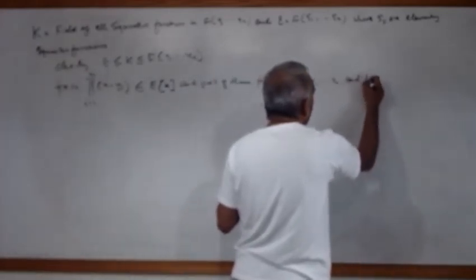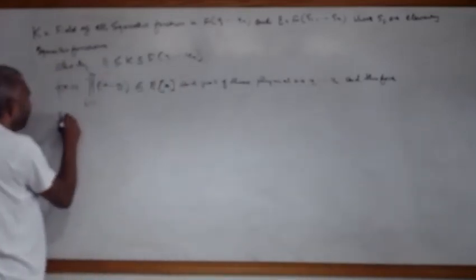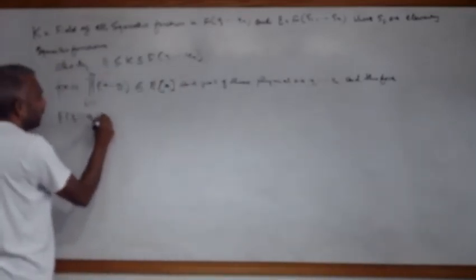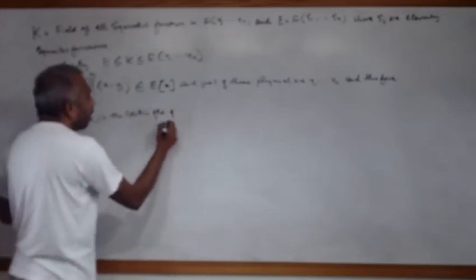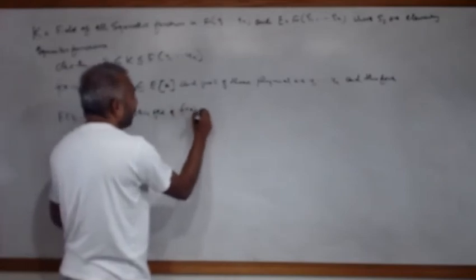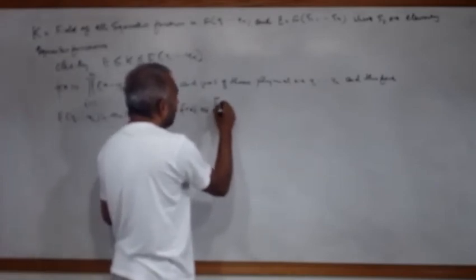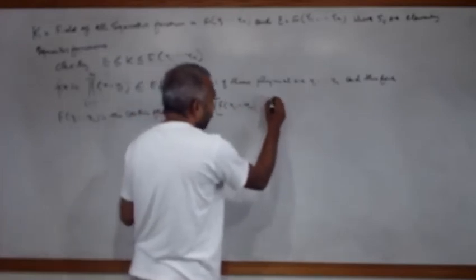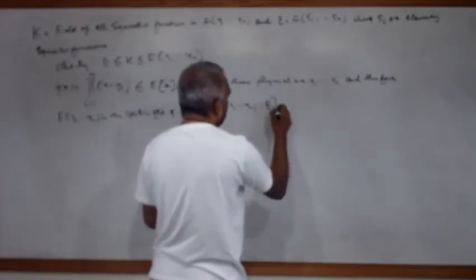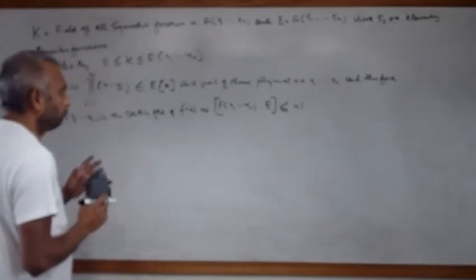and therefore E of y1, ..., yn is the splitting field of f of x, which implies from the previous result the degree of E of y1, ..., yn over E is less than or equal to n factorial from the previous result.